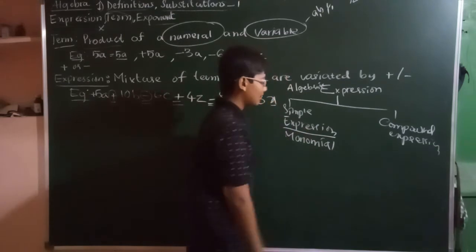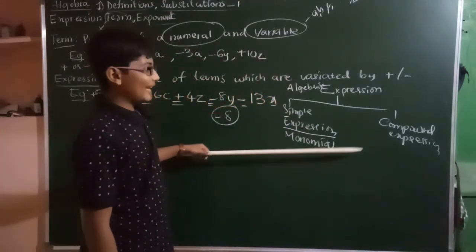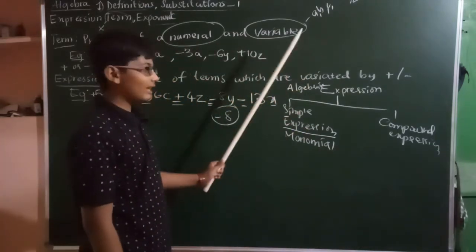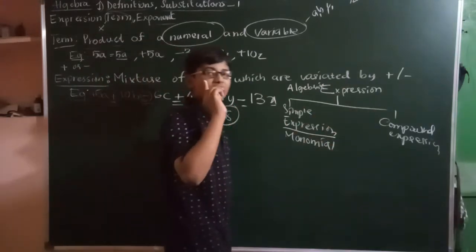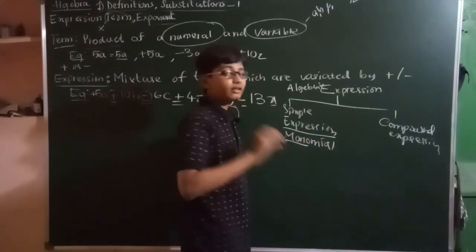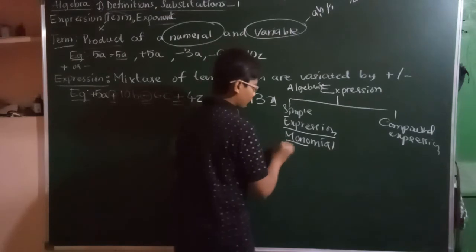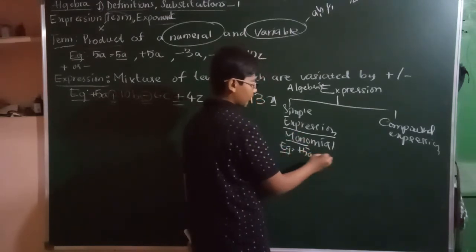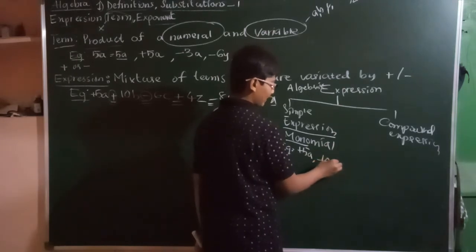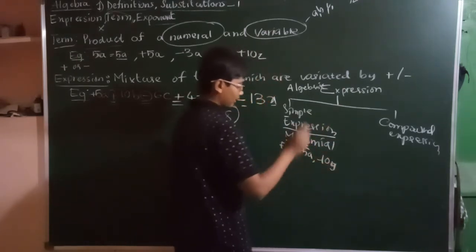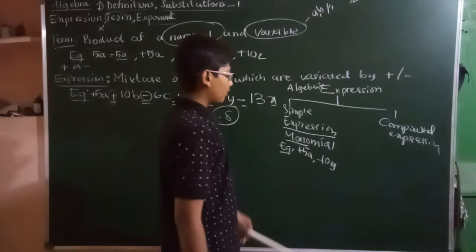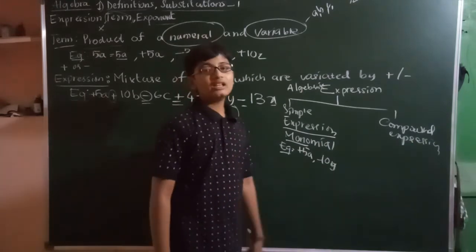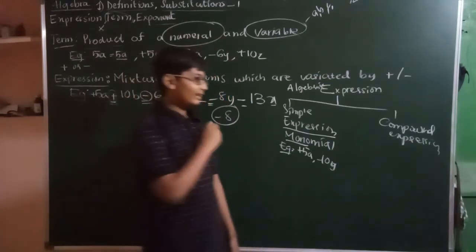Now monomial is nothing but the simple expression or the algebraic expression having only one term. Mono is nothing but one. Suppose example, plus 5a, this is a monomial, minus 10a, 10y or 10g, this is a monomial. Okay, now compound expression is divided into three types.